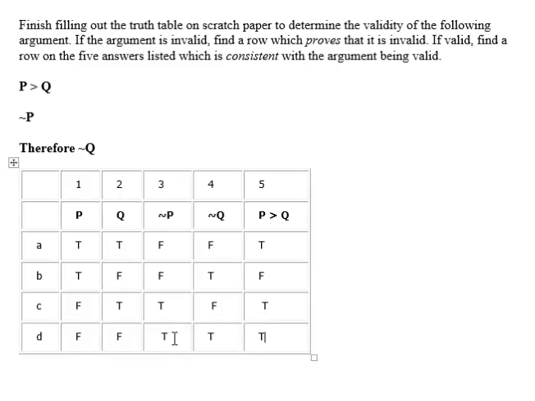Well, the first premise is in row D. First premise is true, second premise is true, and the conclusion is true. But remember, to say that this is consistent with the validity does not prove that the argument is valid. It is quite possible to have true premises and a true conclusion with an invalid argument.